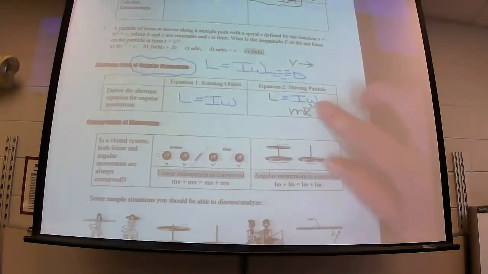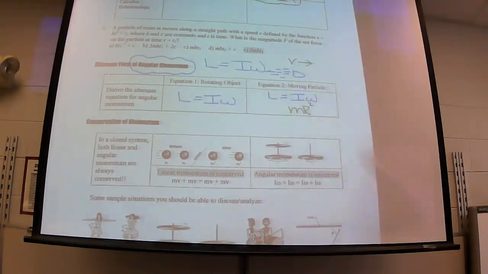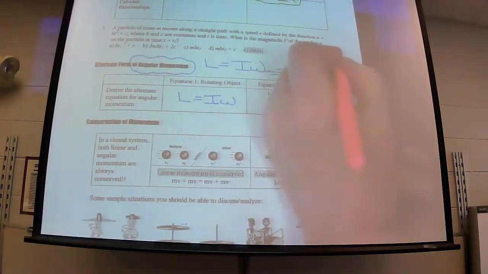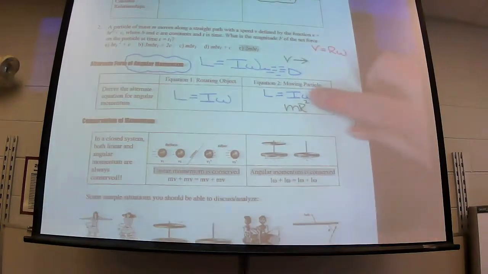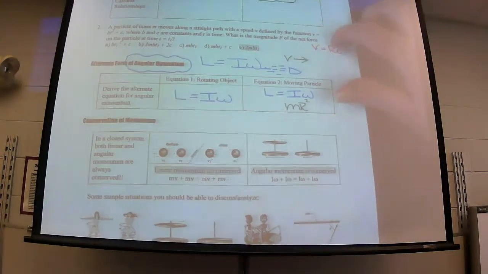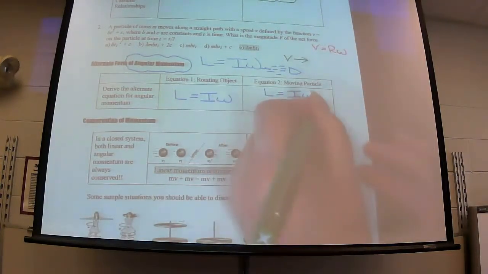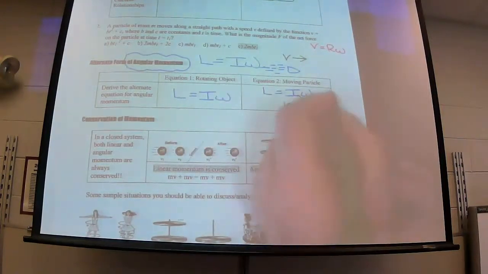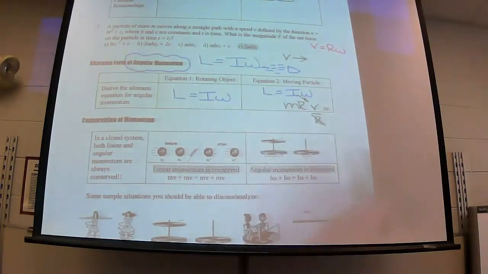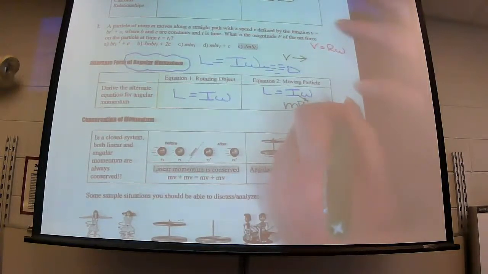So I'm going to look at that omega, I'm going to look at that v, and how about we just use this equation? v equals r omega. So what could we replace this omega with? v over r, with me? v over r. And then this r on the bottom will cancel with this squared. And I will be left with m r v.